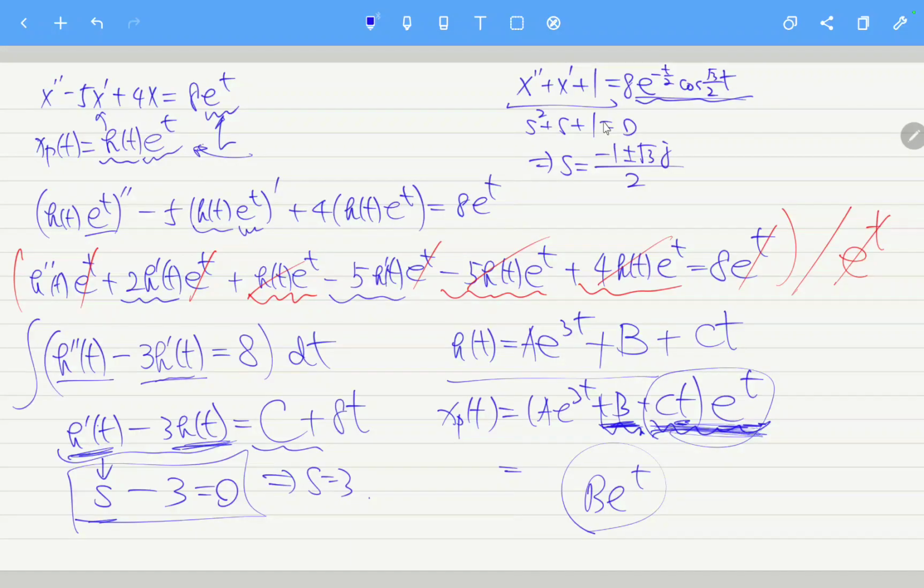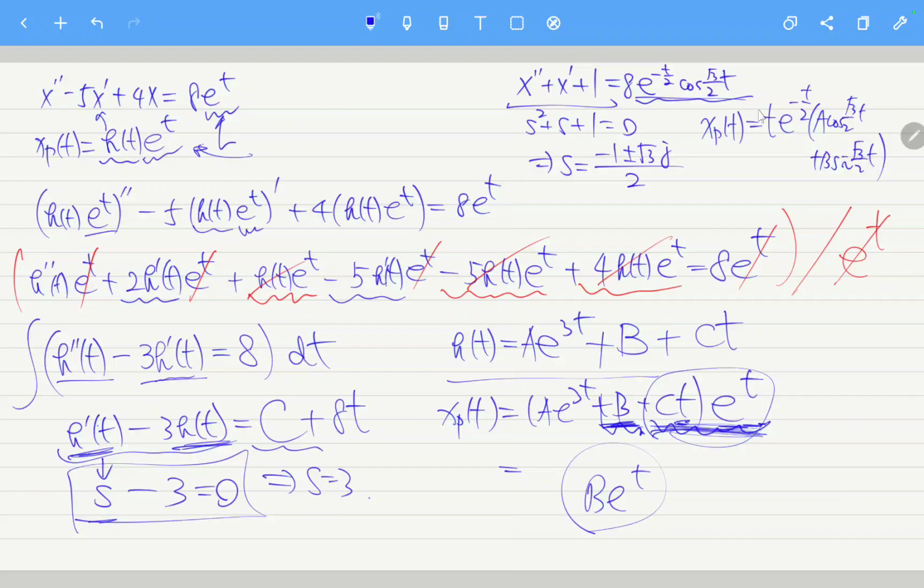Then in that case, you also need to assume the particular solution to be t times exponential to negative t over 2 and then a cosine square root of 3 over 2 t plus b times sine square root of 3 over 2 t.